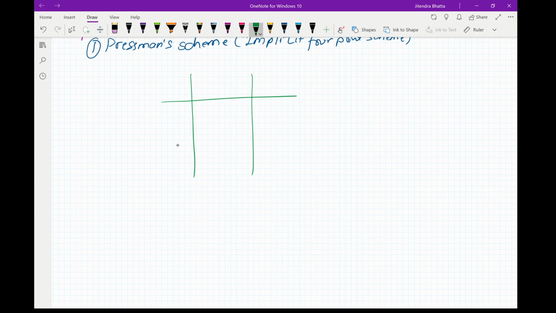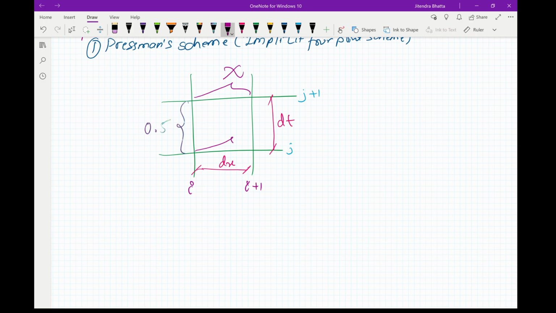Here in this grid, let's say this is i plus 1, this is dx, let's say this is j plus 1, j, and this is dt, and this will be 0.5, and let this be chi, and this be 1 minus chi. Now in this method, we'll use 4 points to determine our derivatives, which are these points here.